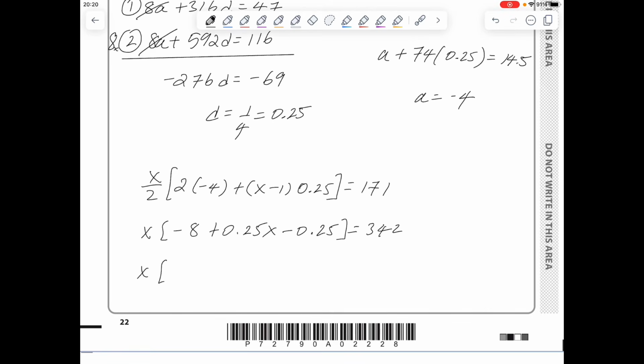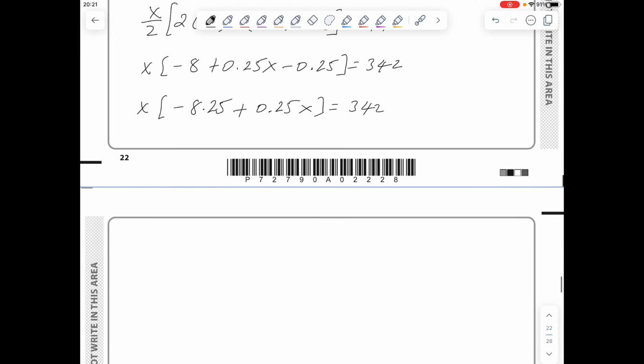So x times minus 8.25 plus 0.25x equals 342. Expand the bracket: minus 8.25x plus 0.25x squared is equal to 342.